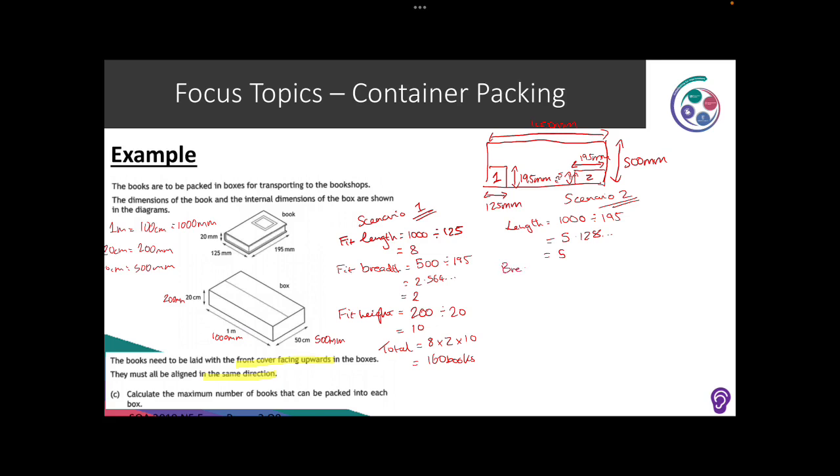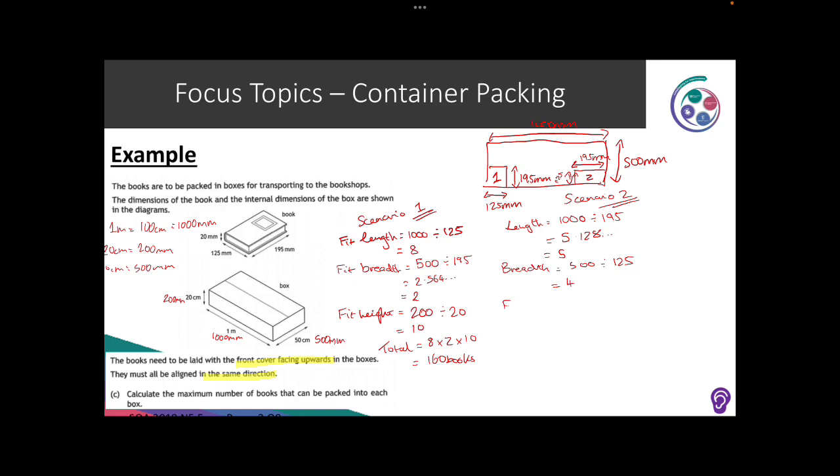So then I want to work out how many of them I'm going to fit breadthwise. So how many rows of 5 am I going to have? And I do that by doing 500 divided by 125 this time. So my 500 divided by 125 is going to give me 4. So I've got 5 rows of 4.